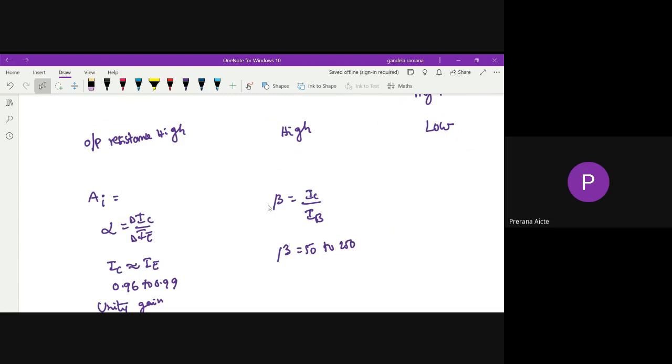So here the current gain is high. In CB configuration, the current gain is nearly unity. In CE configuration, current gain is high.